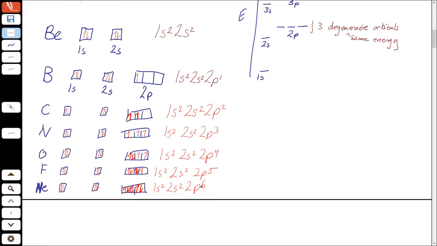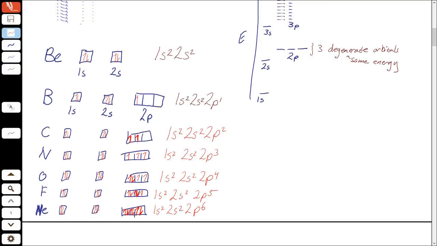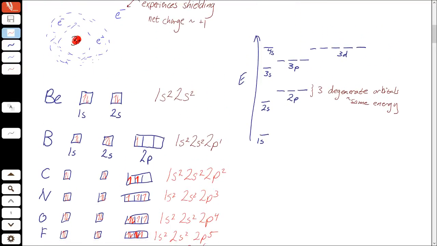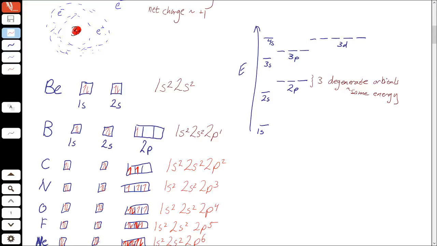Okay. So let's compare this now to the periodic table. If we look at the second row, how many electrons fit in the 2s sublevel? Just 2, right? And what are the atoms whose outermost electrons are in the 2s? It's lithium and beryllium.